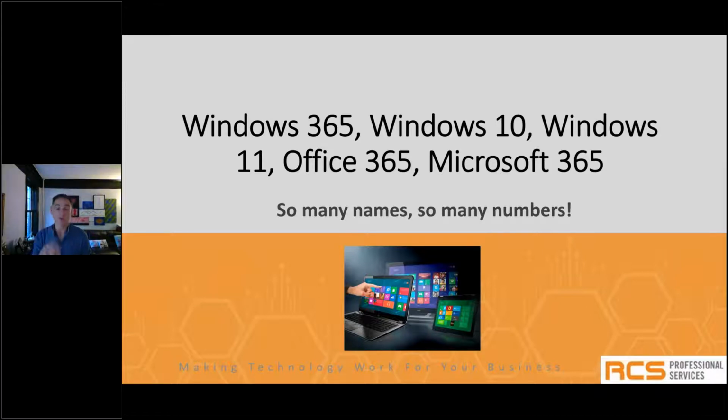That's the thing that's running on your computer. Office 365 and Microsoft 365 are licenses for products like email, Office apps, security stuff. And then you've got Windows 365. This is your computer in the cloud.